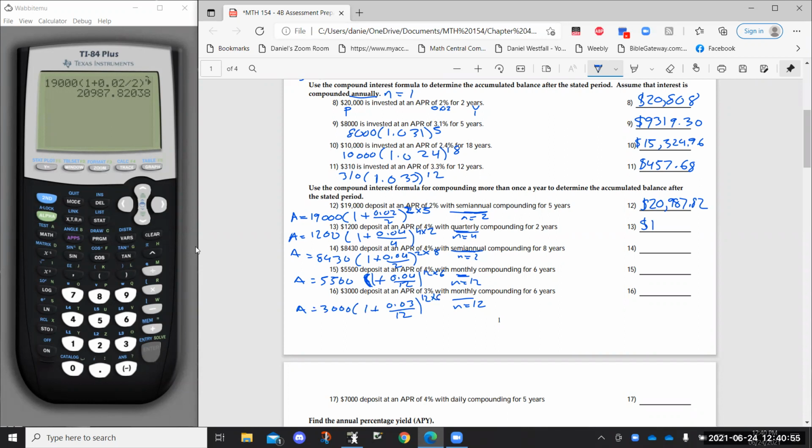Do those on your own paper. 1299.43. Again, you can use your calculator like I showed you to check your work when you're done, if you have that app on your calculator. So that might be helpful to you.